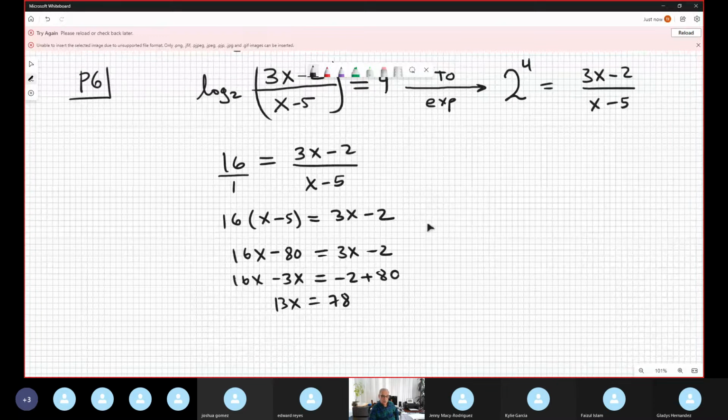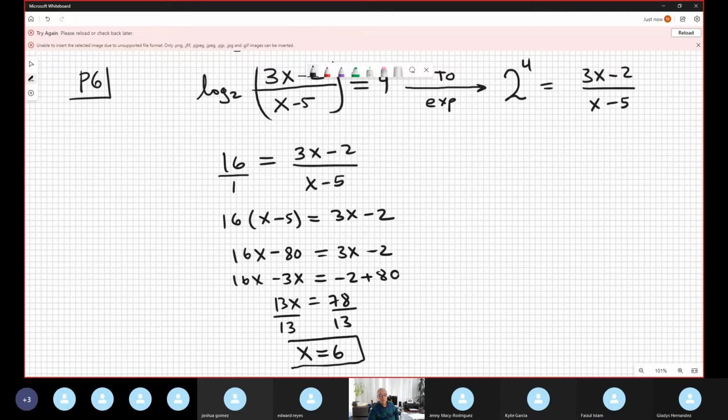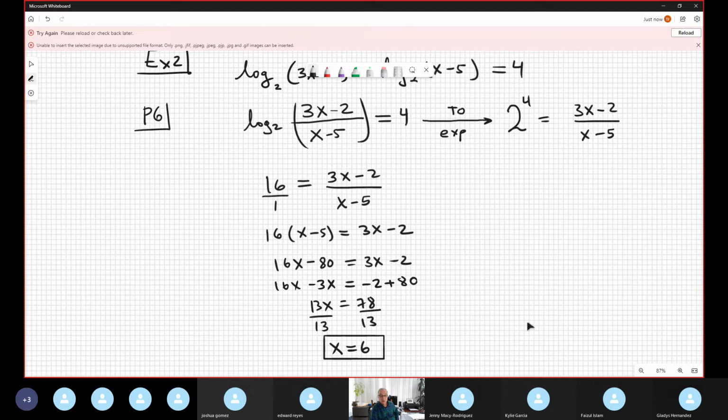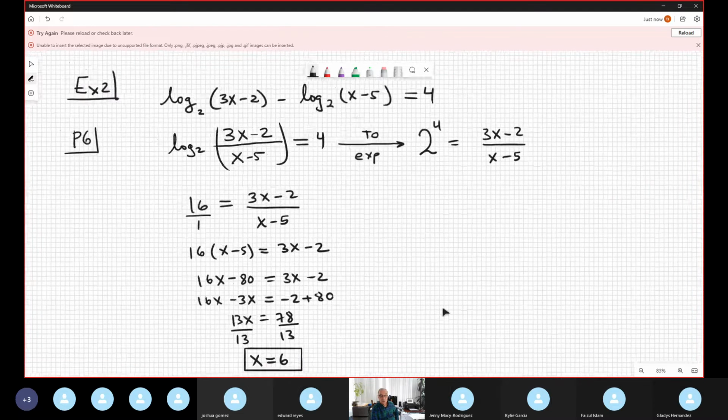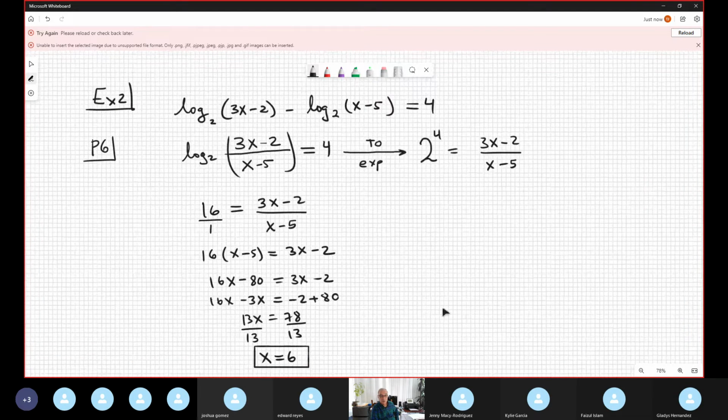Divide 13 on both sides: x equals 6. If you leave it like that, the test is not credit for you. You need verification.